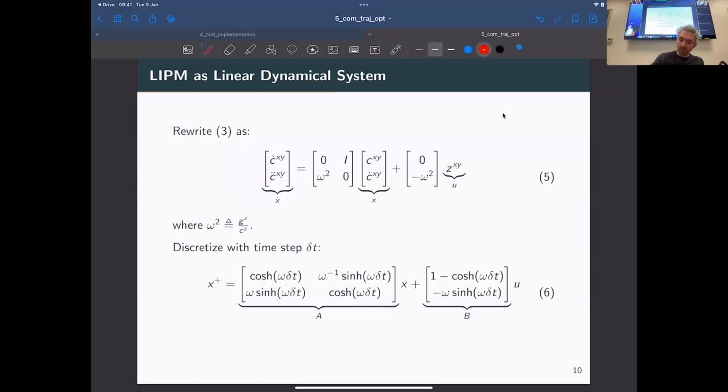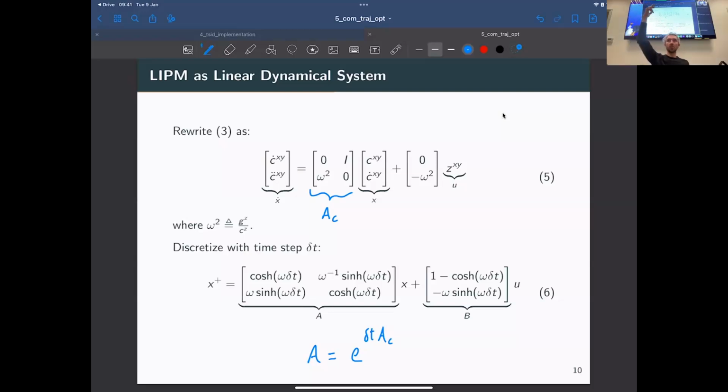So this comes from the matrix exponential. This matrix A, and this is AC, A of the continuous system, is basically e to the delta T AC. That's the relationship between A and AC.